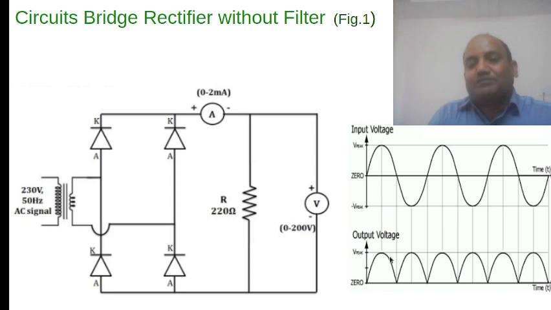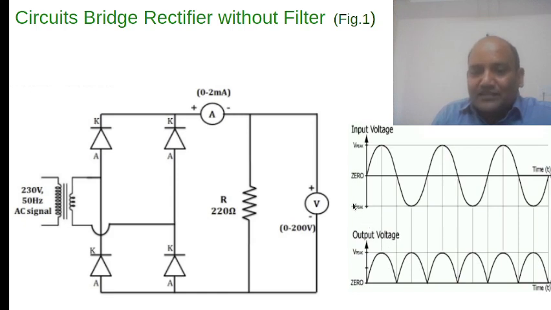Now what is the change? Here you were getting 0 DC, the average value of the current was 0, but here it is not 0; you are getting some DC value.